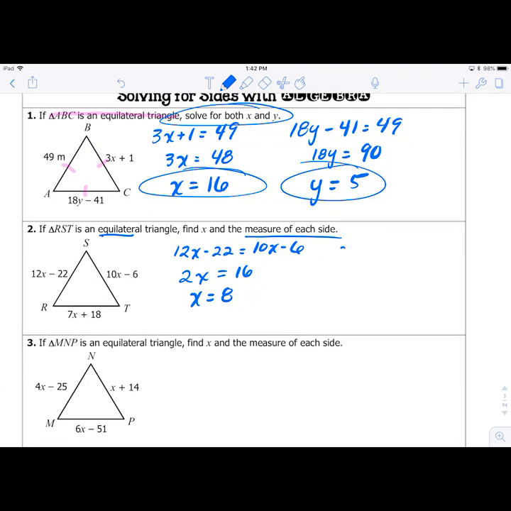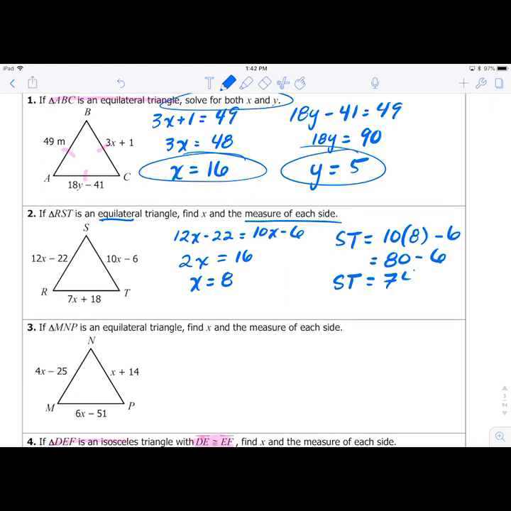Let me do ST. ST is equal to 10 times x, which we know is 8, minus 6. That's 80 minus 6. ST is equal to 74. Which must mean that the other sides are equal to 74 as well.